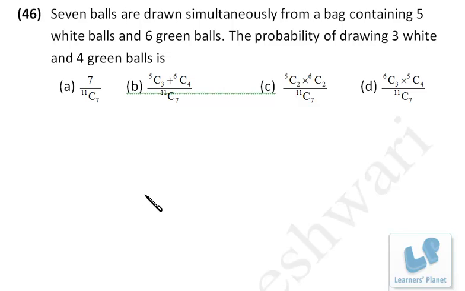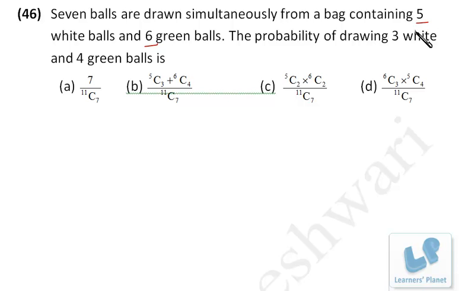Now, in this question, 7 balls are drawn simultaneously from a bag containing 5 white balls and 6 green balls. The probability of drawing 3 white and 4 green balls is. Now, in all, we have 5 plus 6, 11 balls, and we have to draw 7. So the denominator will be 11C7, right? And out of this we have to draw 3 white and 4 green. So how many whites are there? It's 5 white.